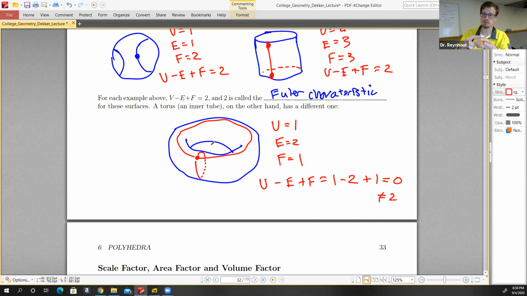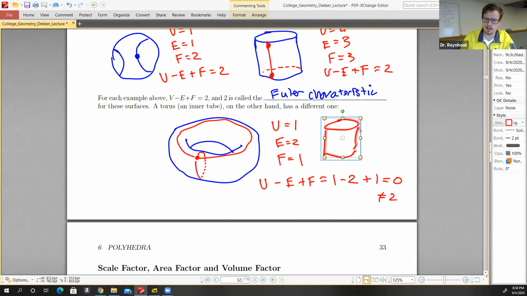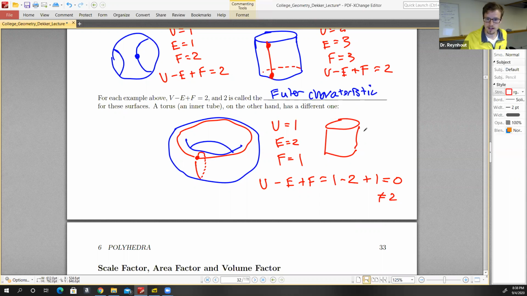A donut has a hole. Coffee mug, right? This hole doesn't go all the way through, but the handle to a coffee mug, that goes through. So coffee mug and donut, same thing, for sure.